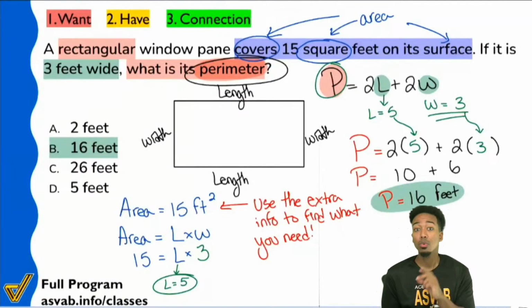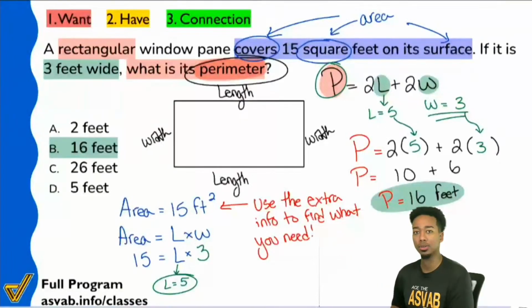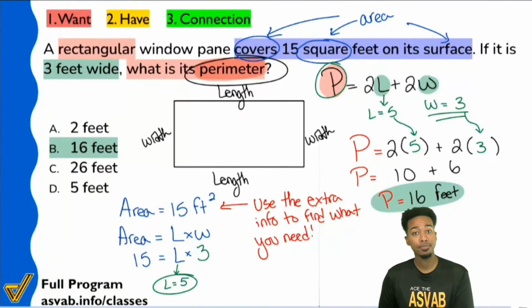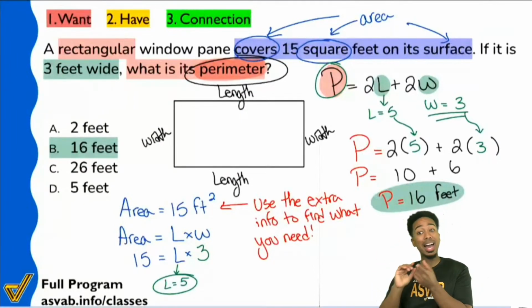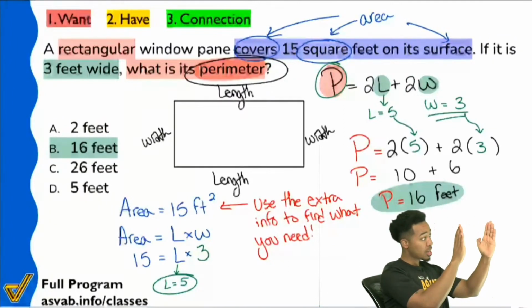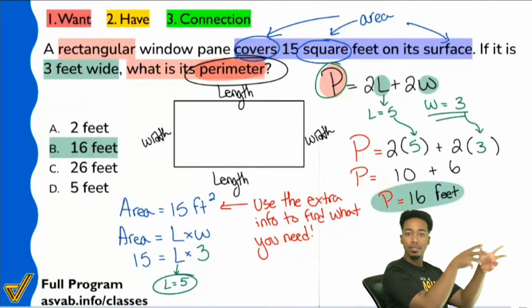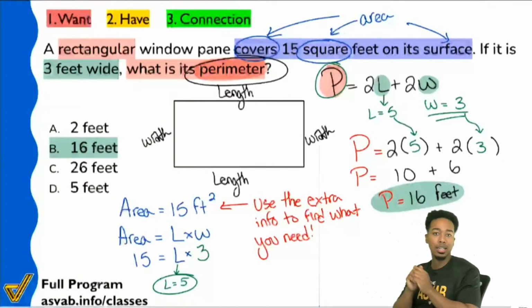Step 2, were you able to identify that the 15 was the area of the rectangle and that they gave you the width? And then step 3, were you able to determine that, hey, I need the length. I can take a step back, go to the area, plug things in, solve it, find the length, and then plug it back in and get the solution.